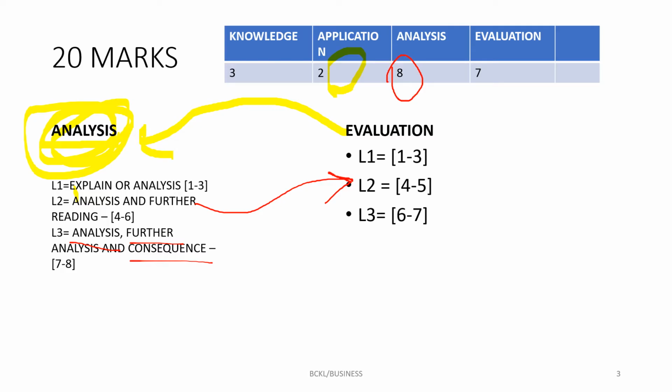Here you will qualify for 7 to 8 marks, the maximum marks that you will be getting. And eventually your evaluation will be much deeper, where you can score good marks.